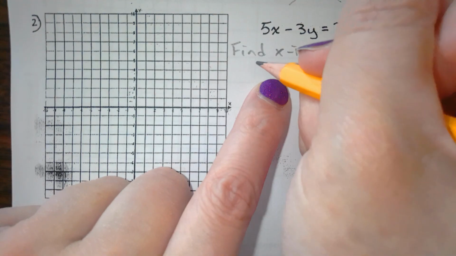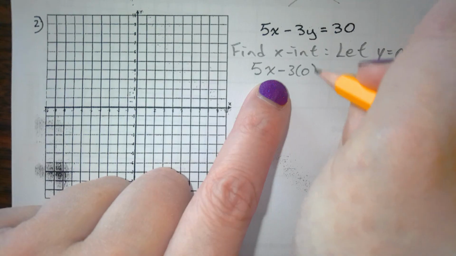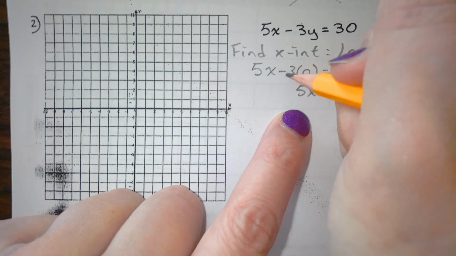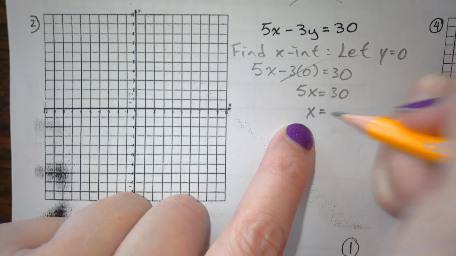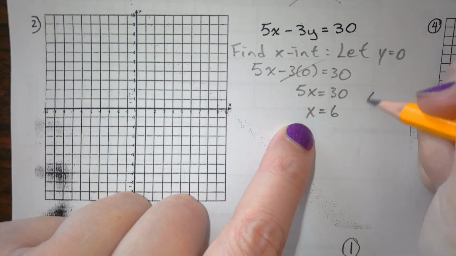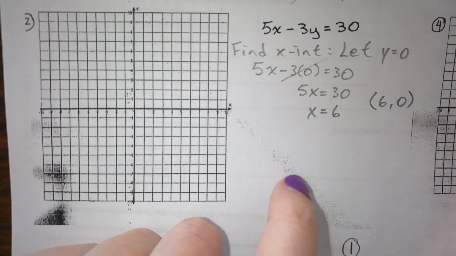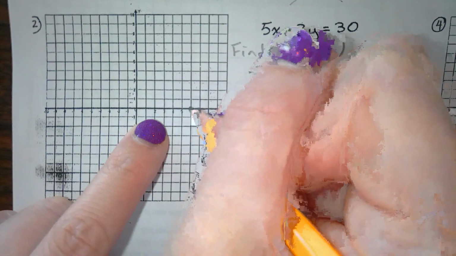So when y equals 0, that means I have 5x minus 3 times 0. Okay. So 5, that's gone. So 5x equals 30. So x equals what? 6. And what is my coordinate then? 6, 0. Good. 6, 0, 2, 4, 6 right here.